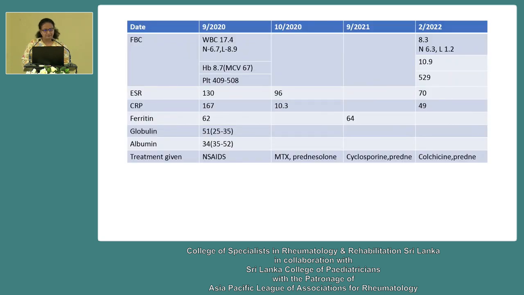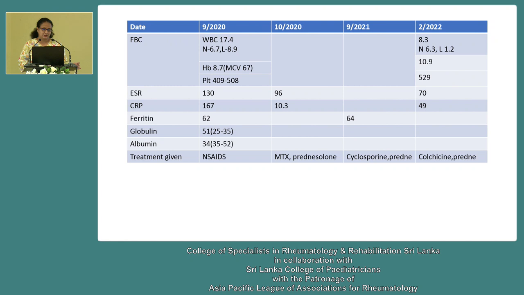So she has been followed up since then, and there has been a couple of times where she defaulted as well. So I just put in this chart to summarize.